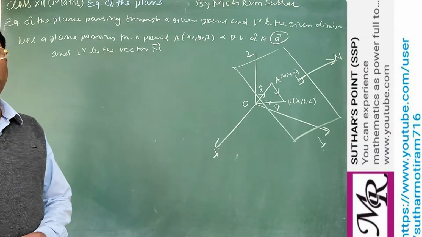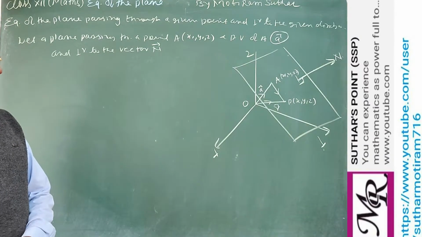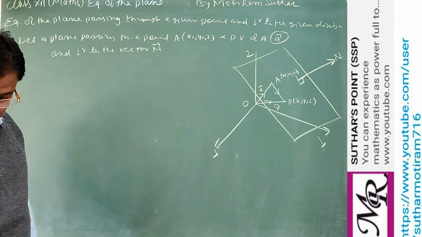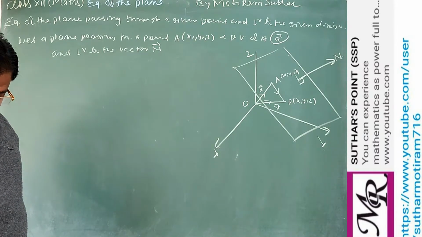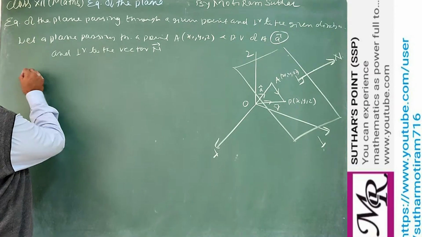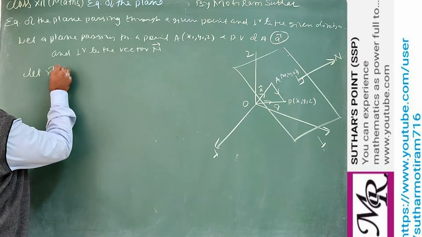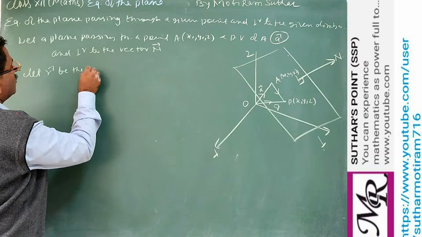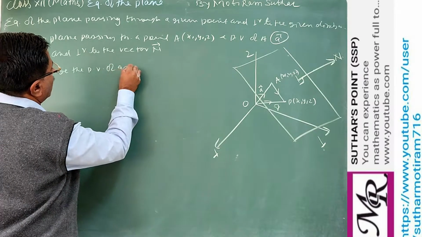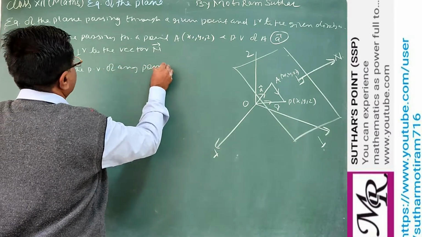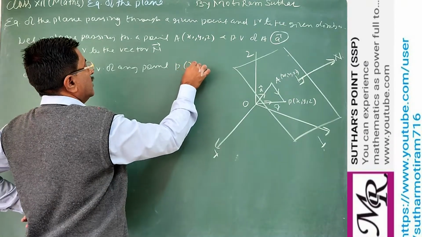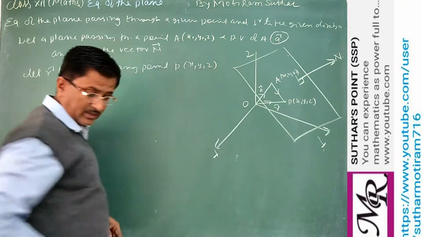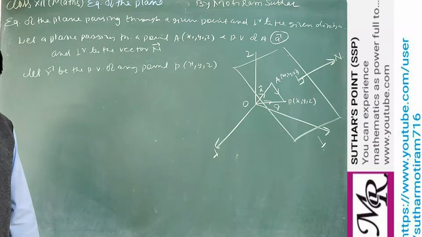Again this forms a triangle, we use the triangle law of addition and simplify. Now let vector r be the position vector of any point P with the coordinates x, y, z in the plane.